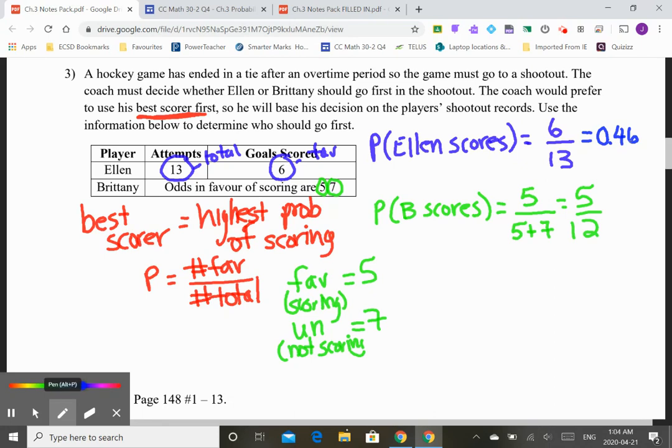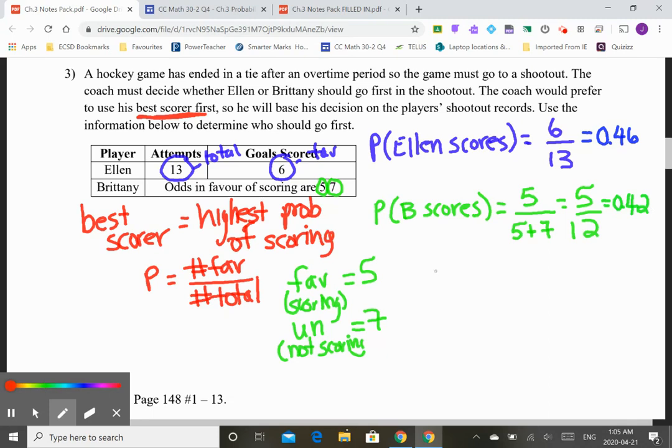For Brittany, if we take her favorable 5 and divide it by her total 12 and round to the nearest hundredth, we get 0.42. So we can see that Ellen's probability is higher. So she should go first. And that's what we will answer.